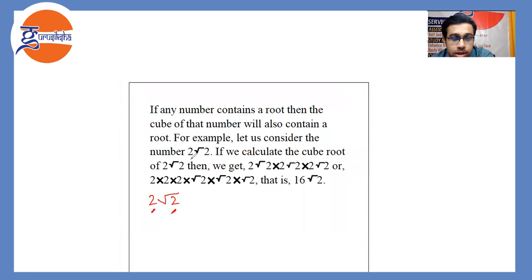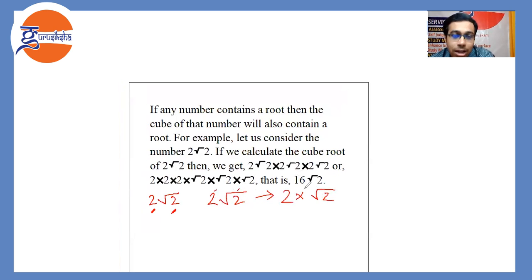Remember, whenever you see such a number, 2√2, what is the relation between this 2 and this √2? It is that of multiplication. This number can be considered as 2 into √2. Don't write it like this, it doesn't look good, but for your conception, for your information, I'm saying 2√2 means 2 into √2.